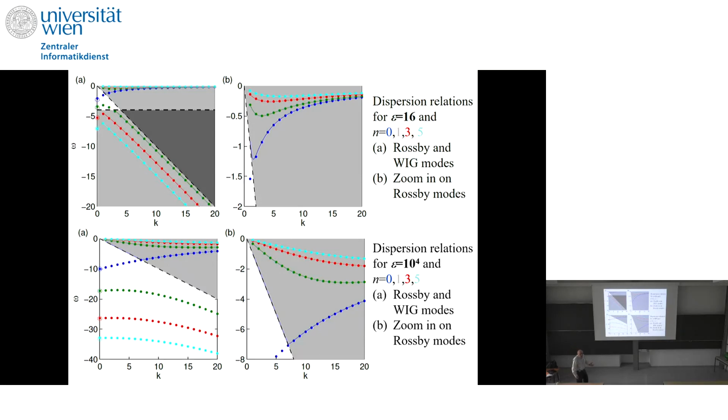So the crossing of the omega equals minus k curve at one point gives rise to the mixed Rossby-gravity mode, which is the n equals 0 Rossby mode for sufficiently large k, and the n equals 0 inertial gravity mode at small k. And you see it here crossing very nicely.